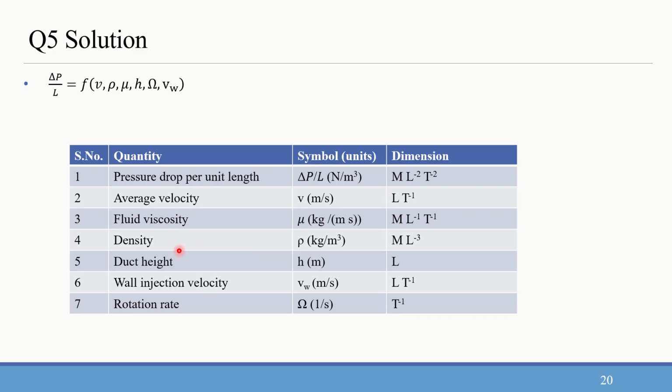Duct height is in meter, so it is L. Wall injection velocity is again in meter per second, so it is L T minus 1. And rotation rate is per second, number of rotations per second, so it is 1 by s, or T minus 1. That is how these are all the units.